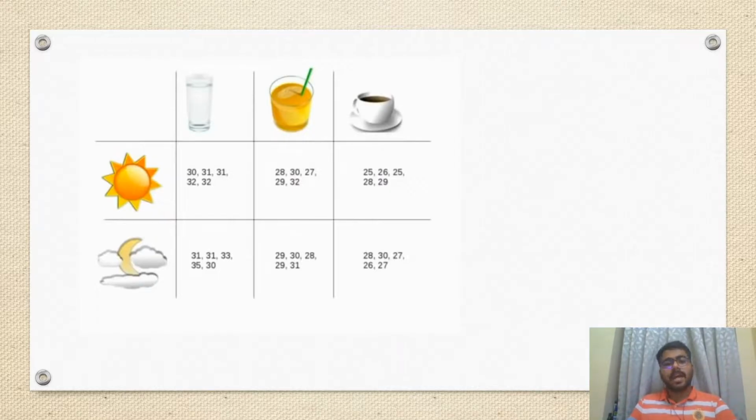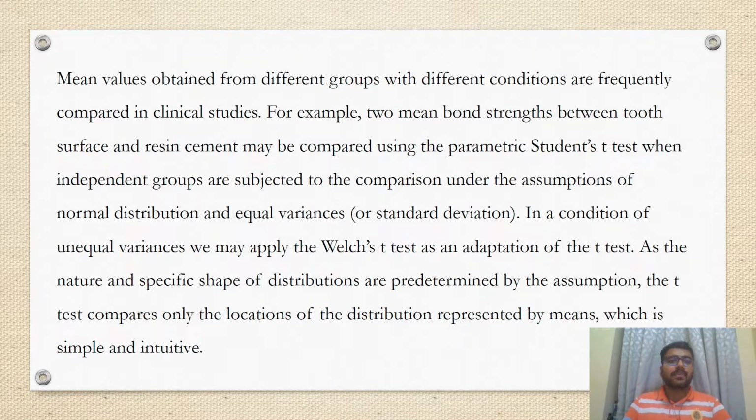We can add these as factors affecting the groups, so we can use ANOVA for this type of analysis. We are going to discuss ANOVA in much more depth.